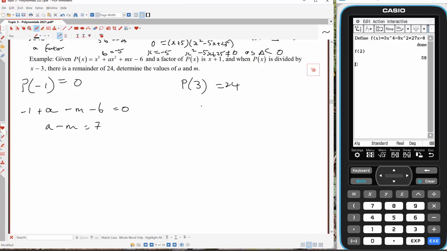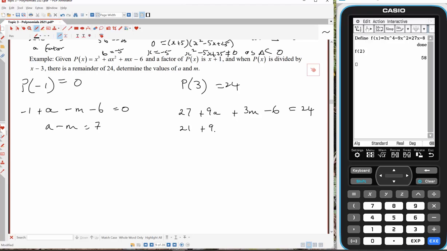All right, cool. P of 3 equals 24. Okay, so let's whack 3 in. So we've got 27 plus 9a plus 3m take 6 equals the remainder, 24.